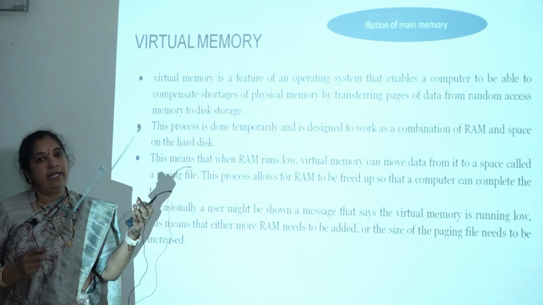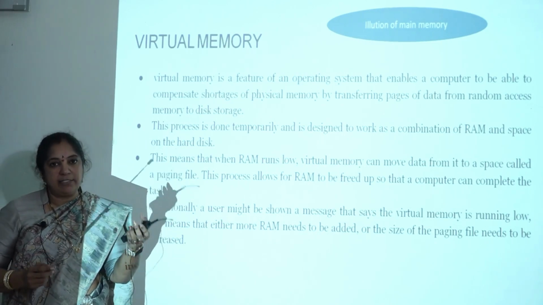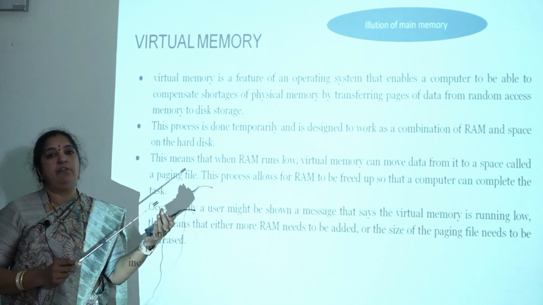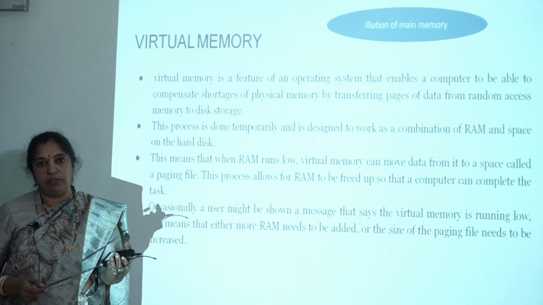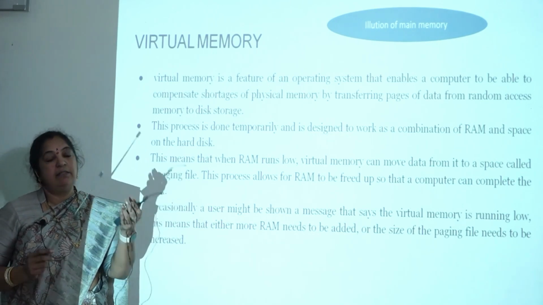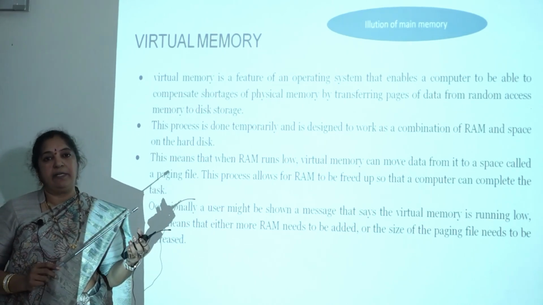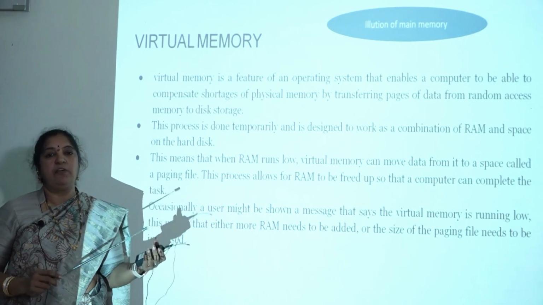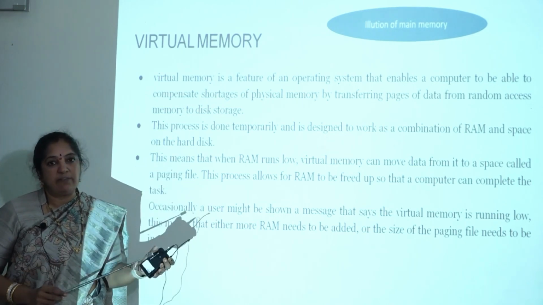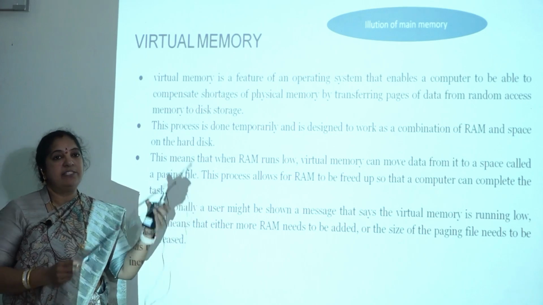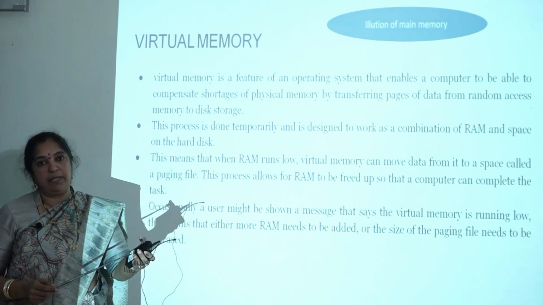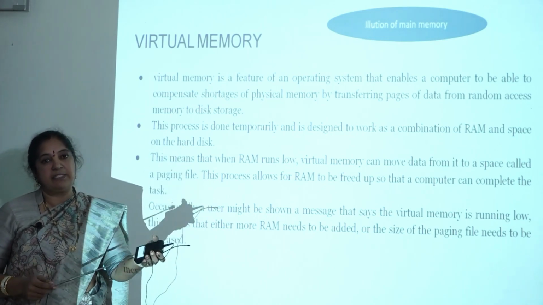If there is a free block, we directly load the requested page into the free block. Another chance is that all 5 blocks are completely occupied, and the CPU requests one more page that is not in the main memory. From secondary memory we want to bring that page in, but free space is not there.